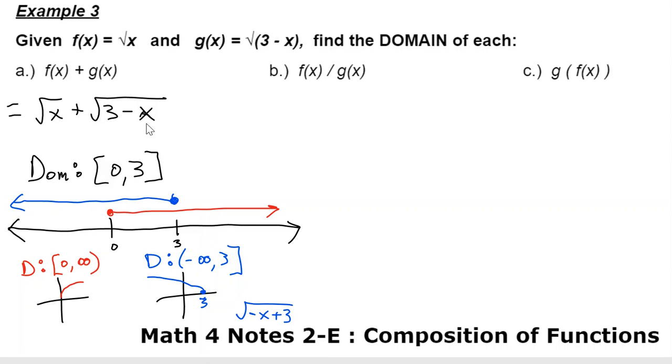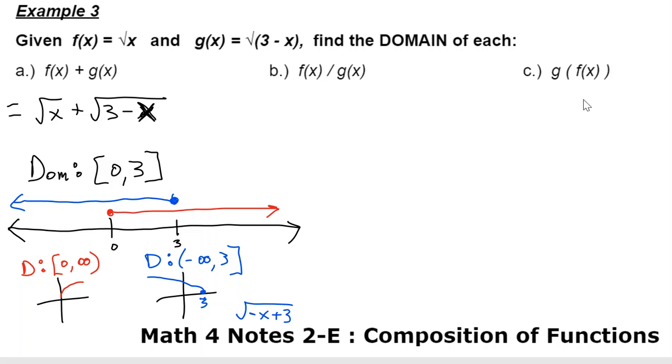Meanwhile, this guy here, anytime that I go any bigger than 3, if I stick a 4 in there, I've got 3 minus 4 is -1. Now I got a square root of -1 again. So I can't have anything above 3. You know, at least with a 0, I get square root of 0, which is 0. With a 3, at least I get 3 minus 3, which is square root of 0. So I can live with those. I just can't go outside those boundaries.